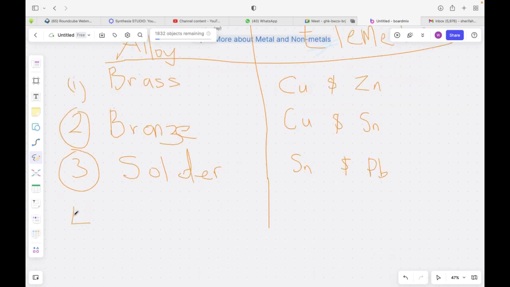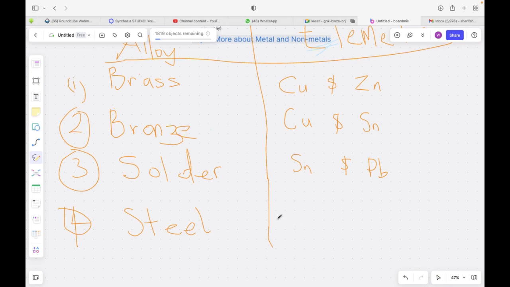Then another alloy of metal is steel. Steel is an alloy that is made up of up to three elements. Steel is another alloy. Now let's list the elements that steel is made up of. Steel is an alloy of iron with carbon and other elements.